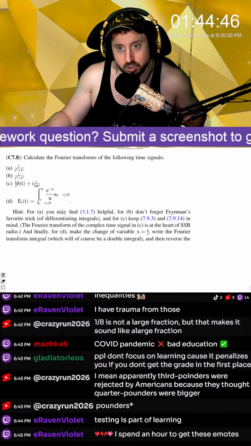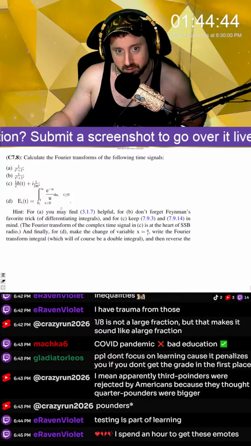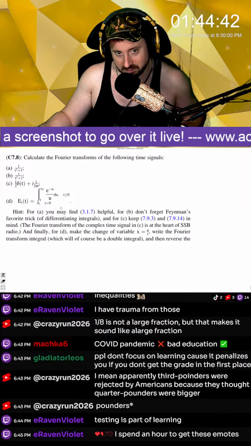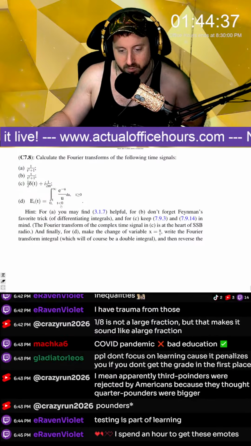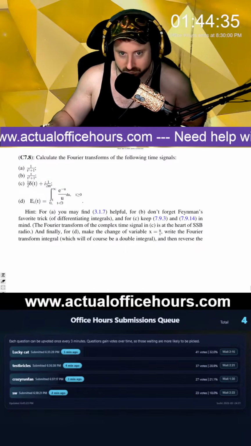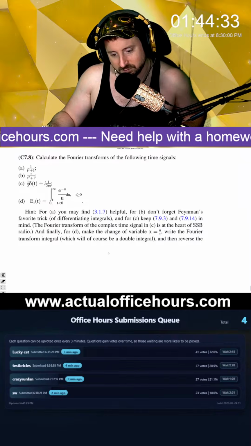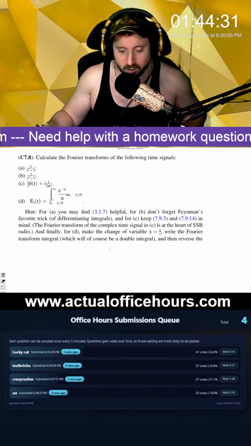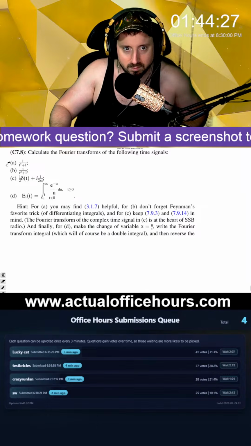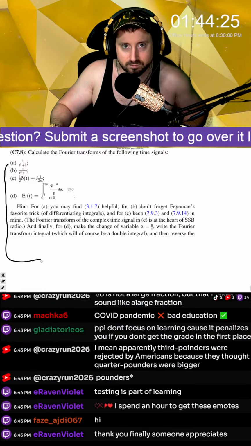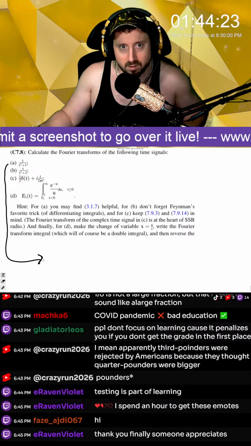Okay, calculate the Fourier transforms of the following time signals. Ooh, okay. Is this kind of like Laplace transforms? Fourier transform is just a special case of the Laplace transform, because the Laplace transform has s as any complex number, and Fourier just has it as iω. Okay, so let's see.